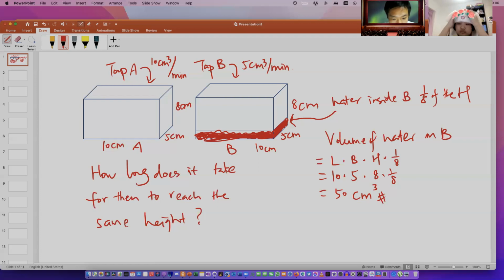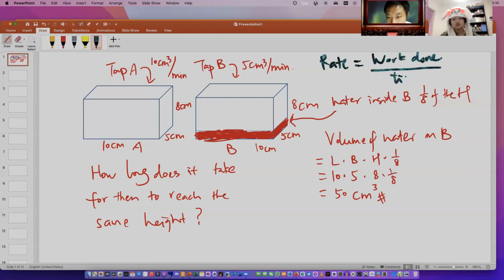So what this question is about, basically, is a rate question. Yes, it's a rate question. The formula involved is rate is equal to work done over time.